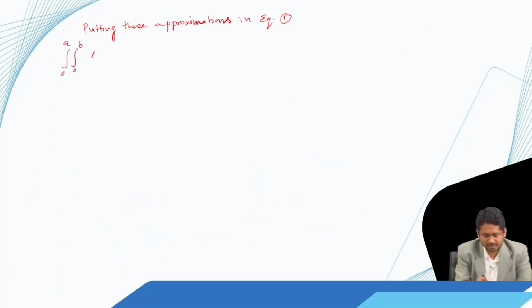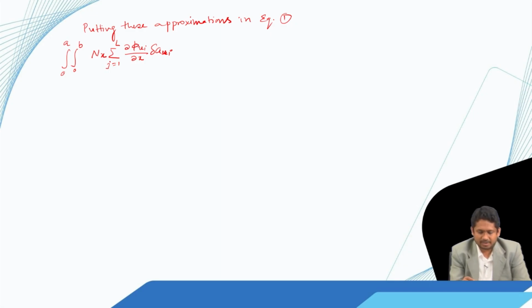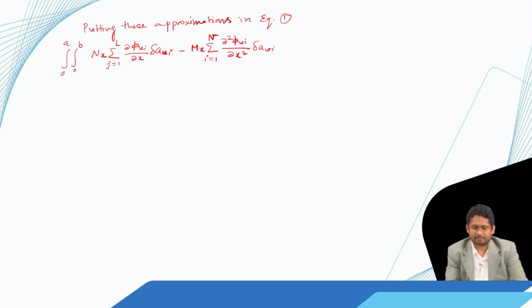So let us write nx multiplied by summation I equal to 1 to L, del phi ui by del x multiplied by variation of AUI, and then we have mx, that is multiplied by del 2 w by del x 2. So we have summation I going from 1 to n multiplied by del 2 phi wI by del x 2 into variation of AwI.